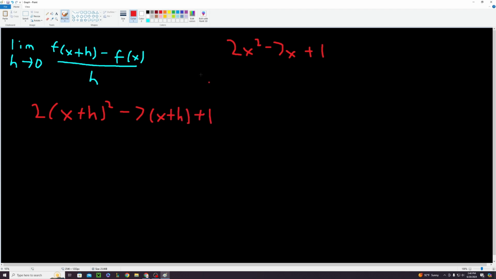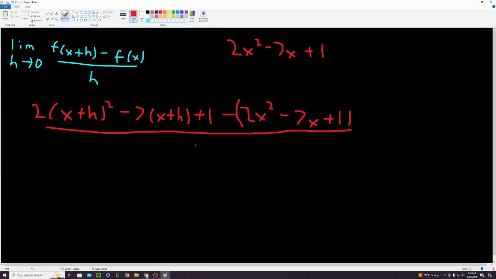And you can see since it's f of x plus h, I replaced all the x's with x plus h's. And then you just do minus the original function, which is (2x squared minus 7x plus 1), all over h. And we just gotta multiply everything and then cancel.